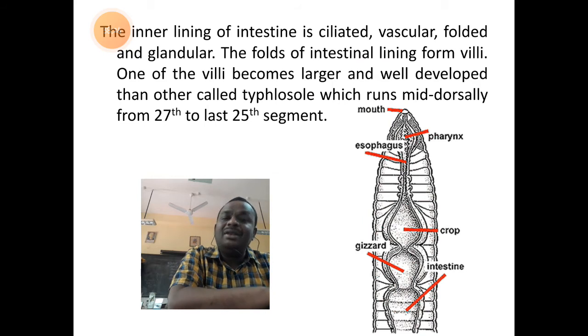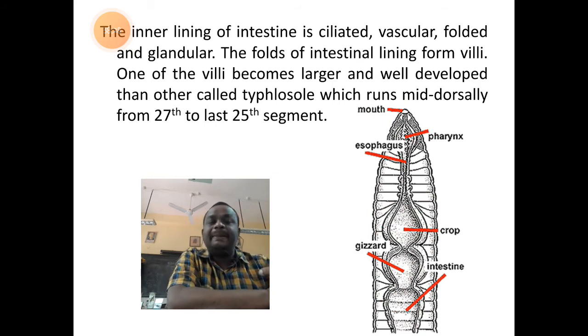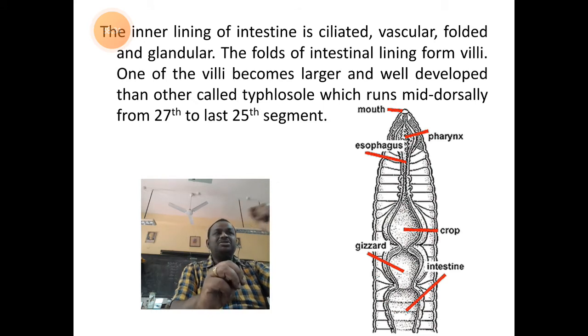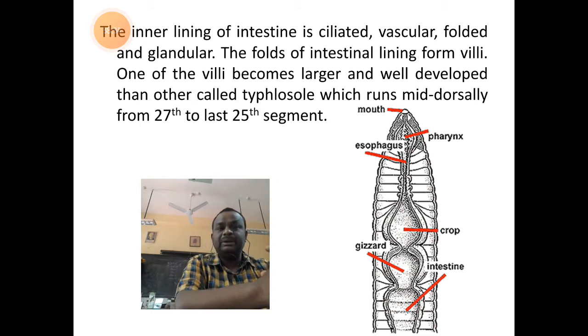When we look at the inner lining of this intestine, it shows finger-like projections or folds. Each of these folds has a ciliated epithelial lining. It is highly vascularized, meaning supplied with blood vessels, and it is glandular, it has secretions.